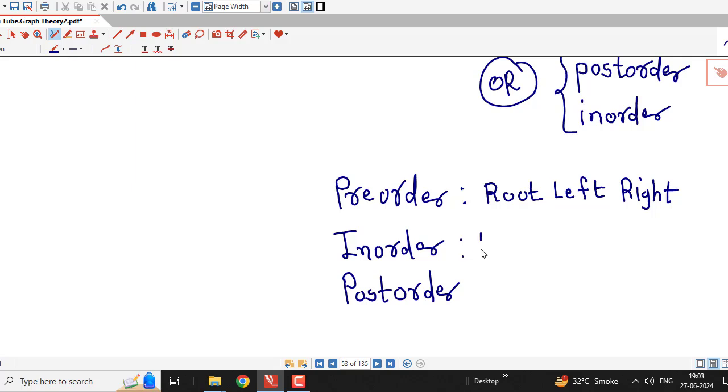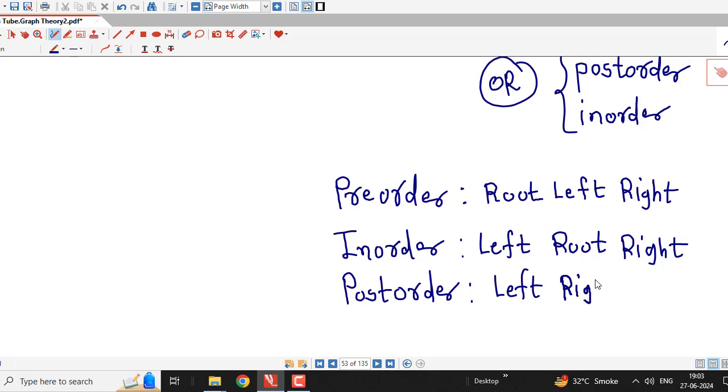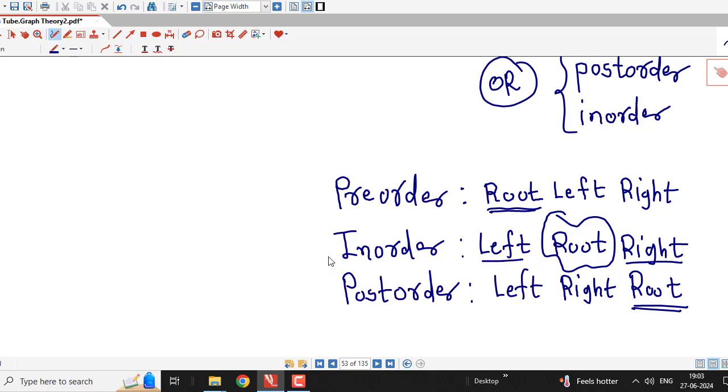In in-order, we first consider the left subtree, then the root and then the right subtree, and for post-order we consider the left subtree first, then the right subtree, and then we process the root. So in pre-order the root is at the beginning, in post-order the root is at the end, and in in-order the root is in between the left and right subtree.